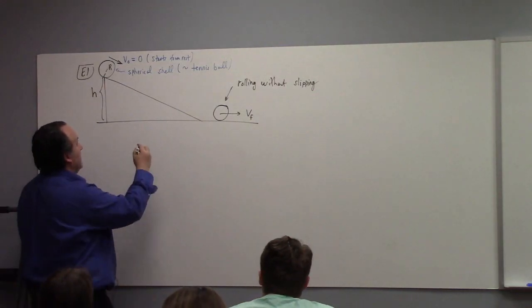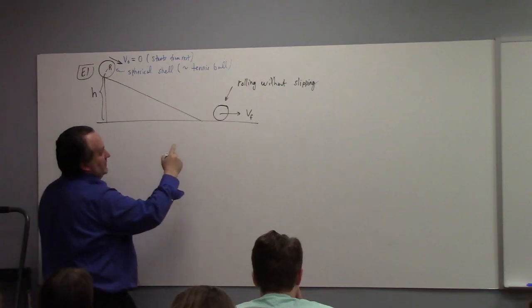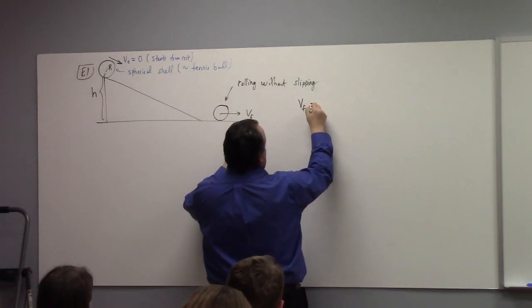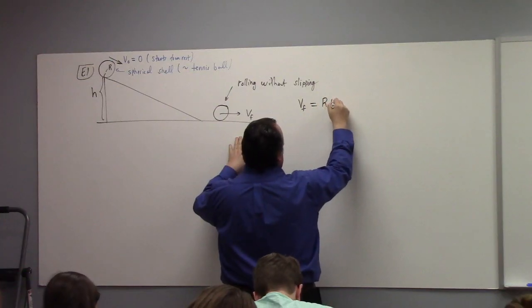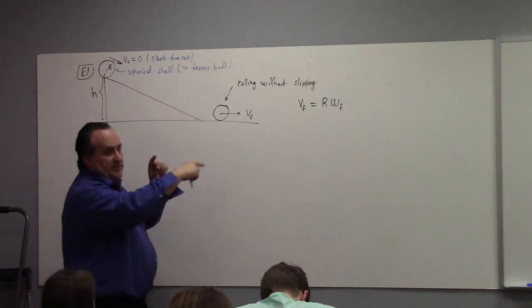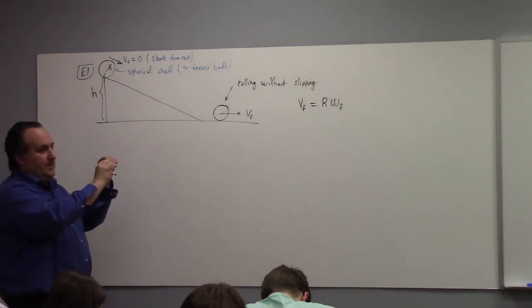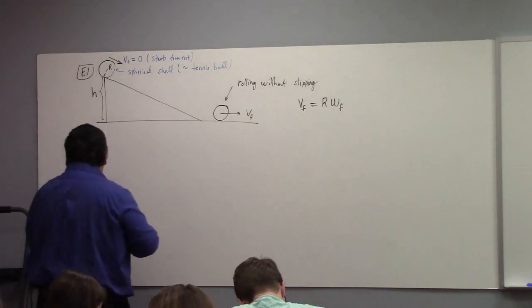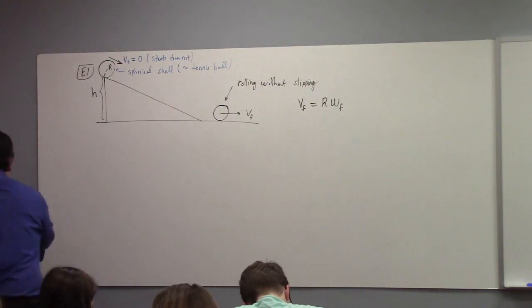So here's the deal. Rolling without slipping means that Vf is equal to r times omega f, where r is the radius of the ball. As the ball rolls, if it's rolling without slipping, the tangential velocity and the angular velocity have to be related in this way.